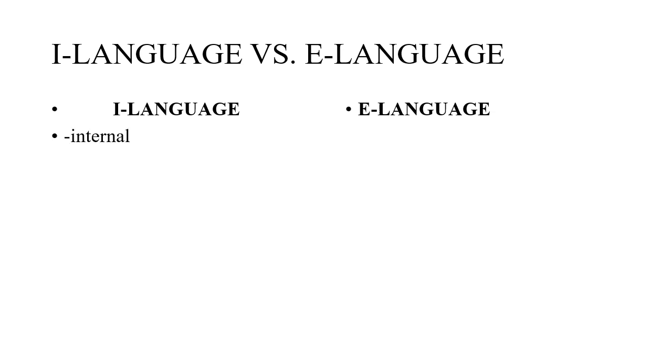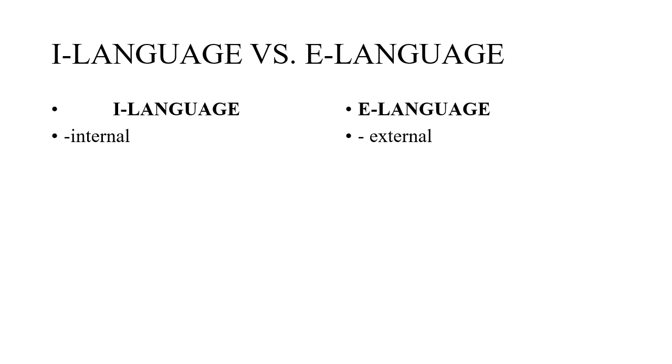What are some of the important differences between the I language and the E language? I language, the internal language, versus the external language. Well, the most obvious difference is that the internal language is internal, while the external language is external.